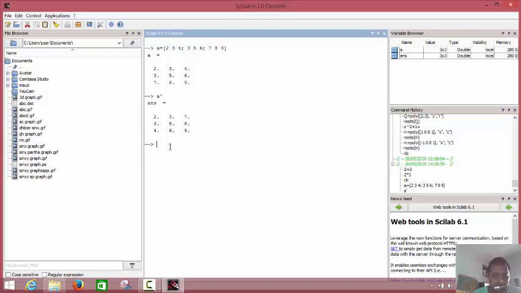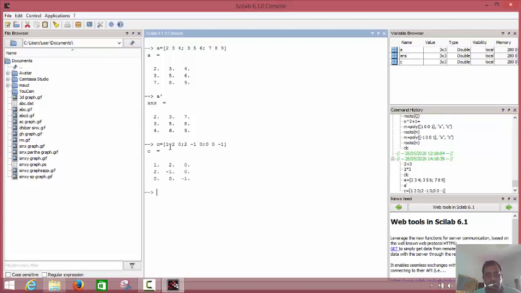Now we want to evaluate the inverse of a matrix. Consider the matrix C equals square bracket 1 2 0, 2 minus 1 0, 0 0 minus 1.